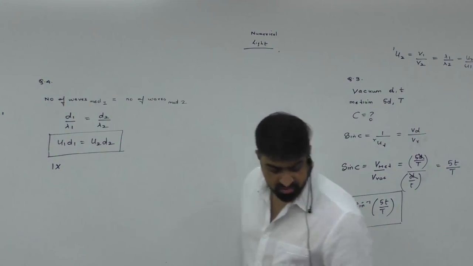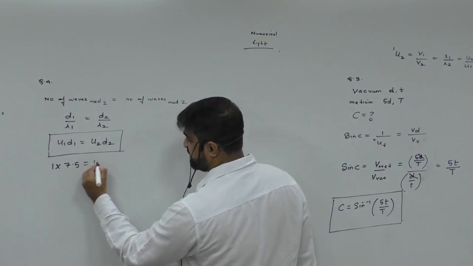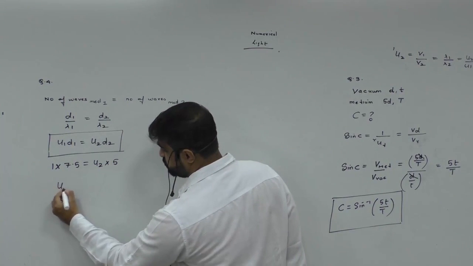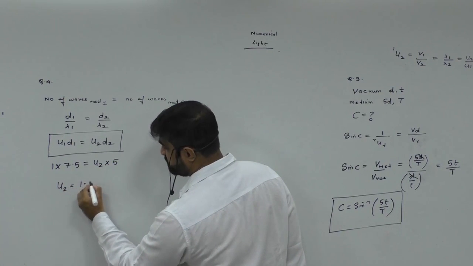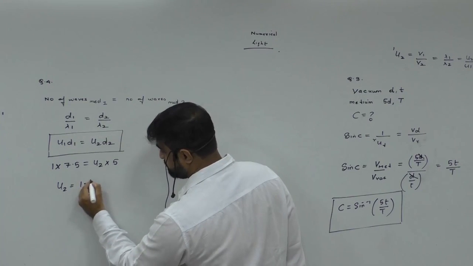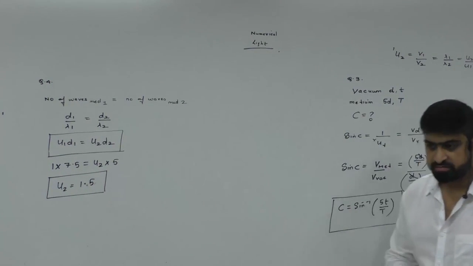How much is the distance covered? 7.5. mu2 पता ही नहीं है. How much is the distance covered? 5. So mu2 you will get ना कितना मिला? 1.5. Got it?